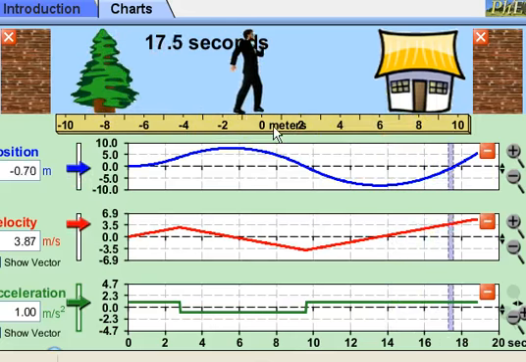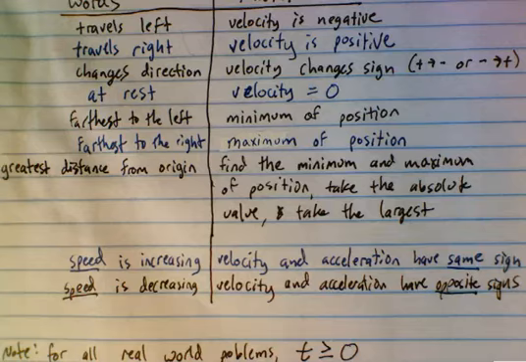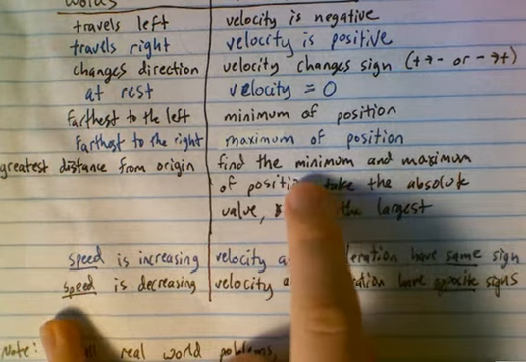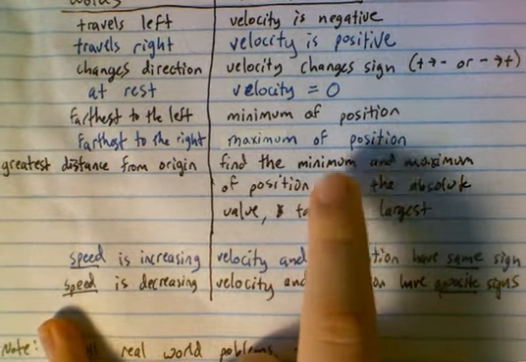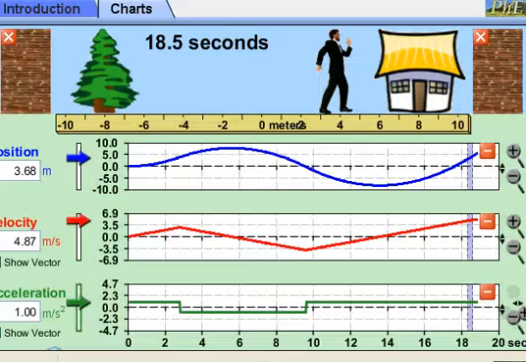So when we're looking at the greatest distance from the origin, what we're looking at is going both in the positive and in the negative direction. What's the furthest away that he got? Positive 8, negative 8.5 or so. So that's what it means with this, where we're talking about find the minimum and the maximum position. Take the absolute value and see which is largest. We don't care if he was in the negative or the positive direction.